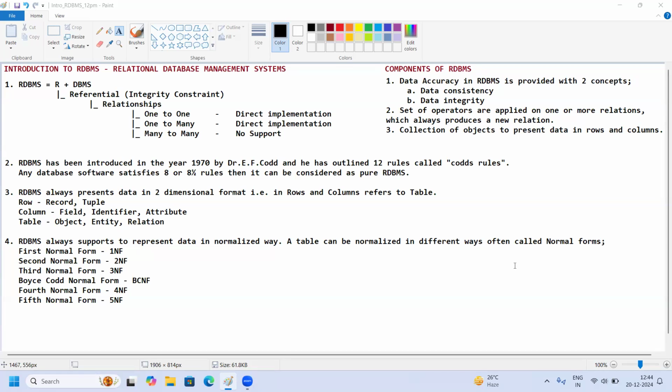So for that we need constraints, right? Yes. Data integrity you achieve with data constraints. So we need to handle the null values also for data integrity. Everything. Okay, I got it.